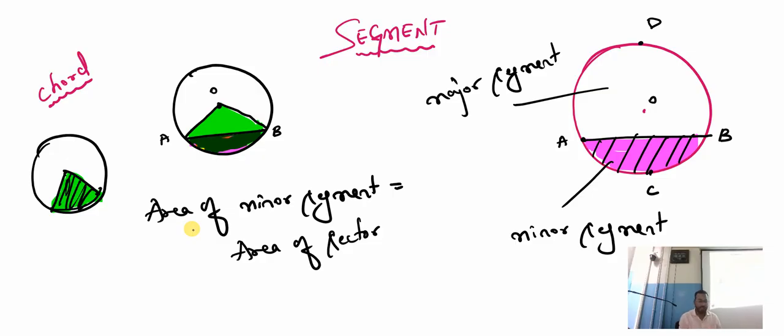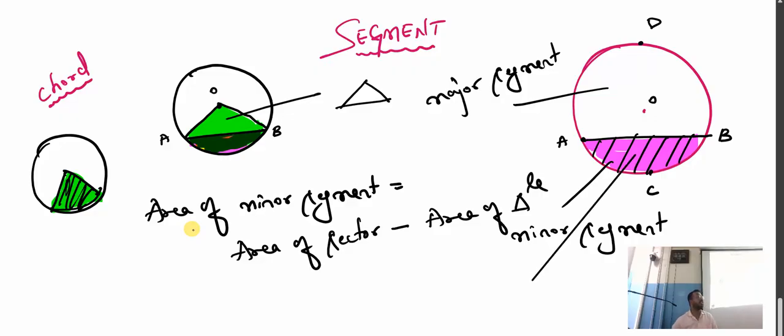In this complete area, can you see the above region is in the shape of a triangle. So here we should subtract the area of the triangle. From the sector, remove the triangle area, then the remaining area is the area of the minor segment.